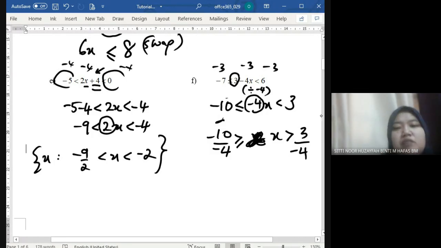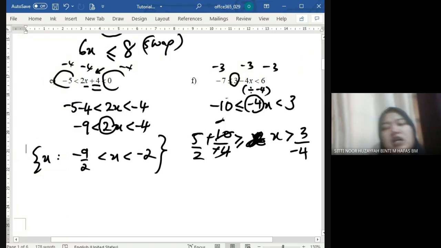So sekarang boleh tak bagi jawapan macam ni? Tidak boleh. Okay, so you kena pastikan it always less than or less than or equal tu. Less than saja. So kalau you perasan 10 per negatif 4, bila kita tekan calculator dia akan jadi 5 per 2, sorry 2.5.